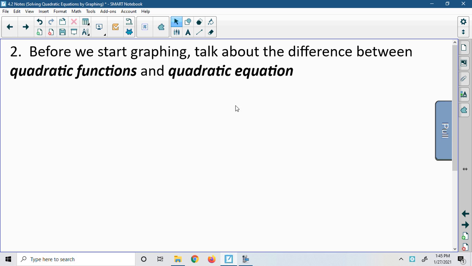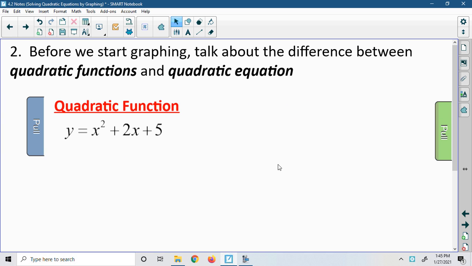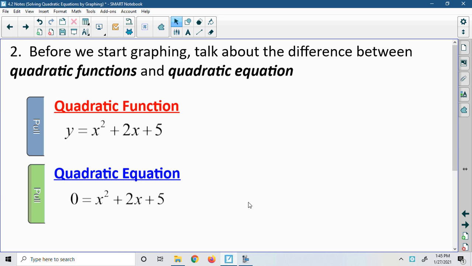Number two on the notes, before we start graphing, talk about a slight difference between quadratic functions and quadratic equations. Here is what a quadratic function would be, and here is what a quadratic equation would be. Probably right away you notice that one has a y equals and one has a 0 equals.